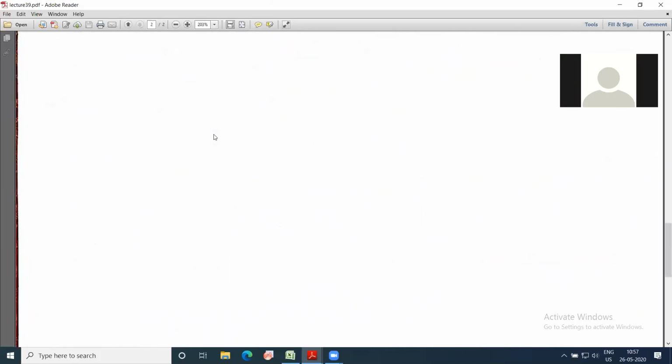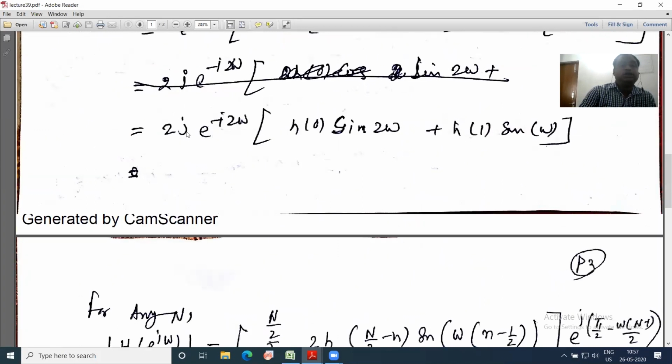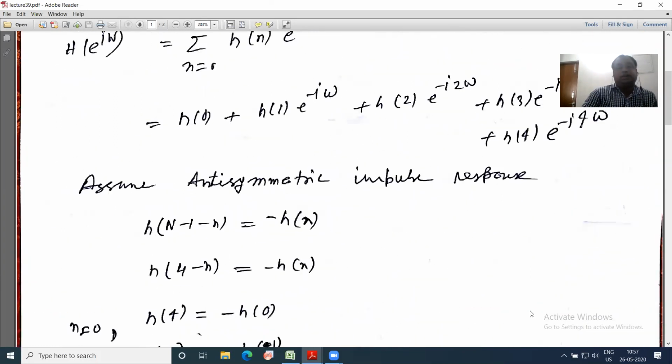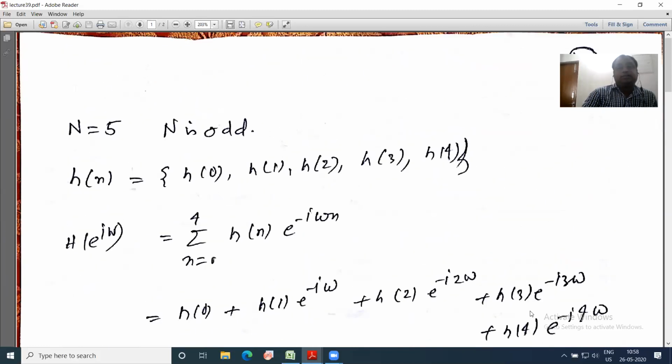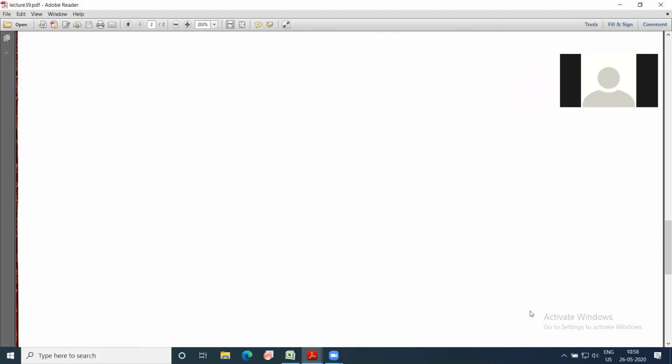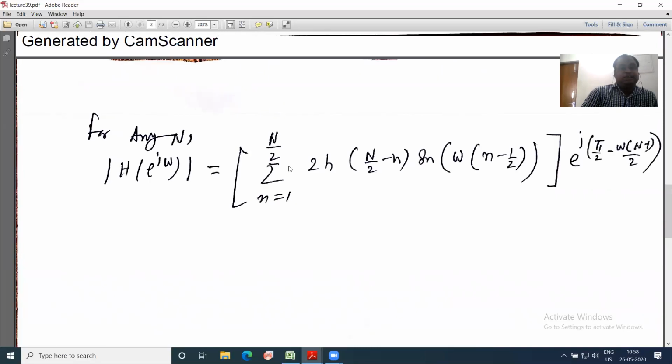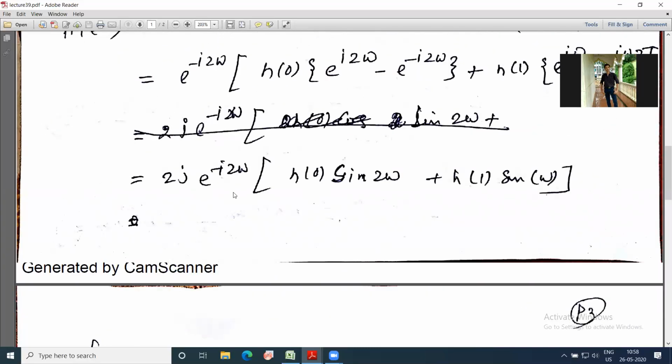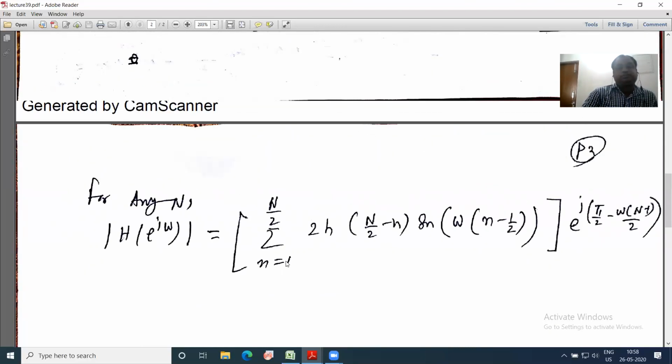Now j corresponds to e power j, j means e to the power j pi by 2. e power j pi by 2 means what? cos pi by 2 plus j sine pi by 2, so e power j pi by 2 equal to j.